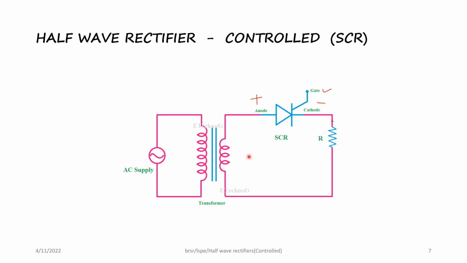As I mentioned, in the sine wave you can give the firing pulse for the gate at any point, like at 0 degrees or at 90 degrees or at 180 degrees or any degrees you want. So we will see the operation of a controlled rectifier.